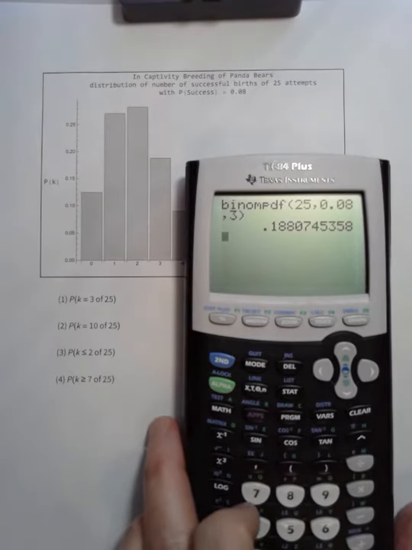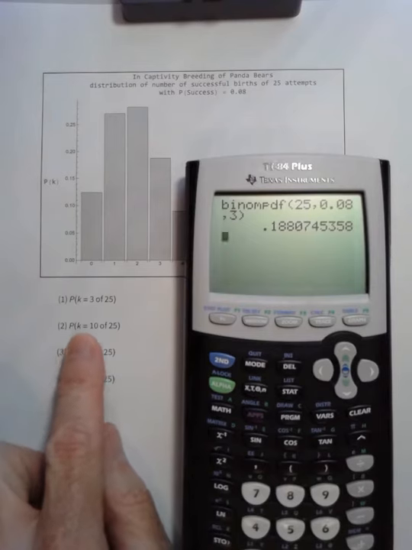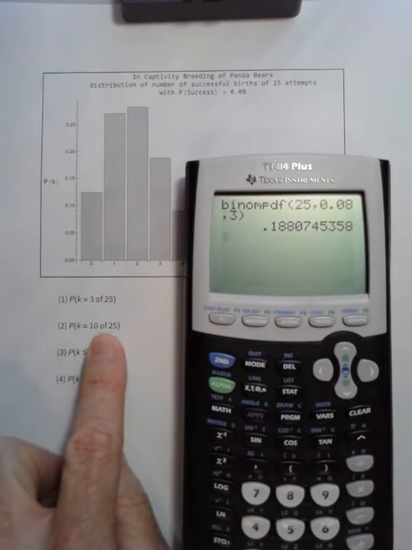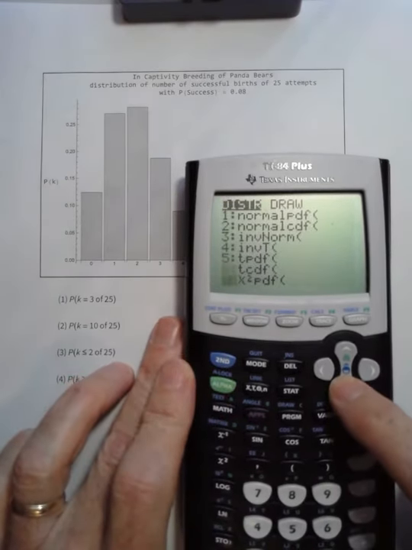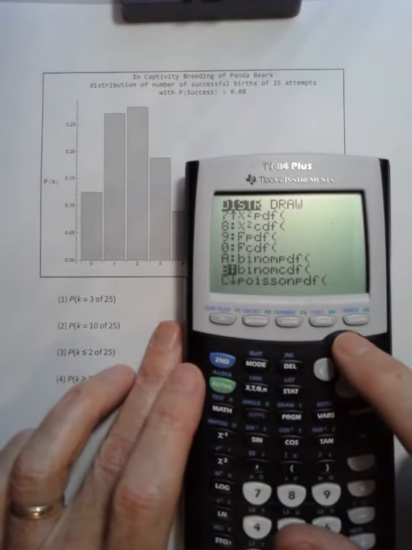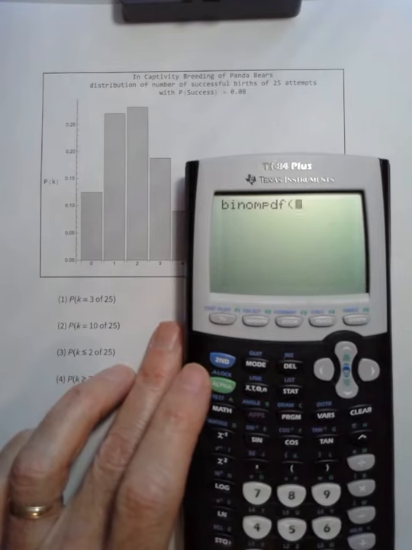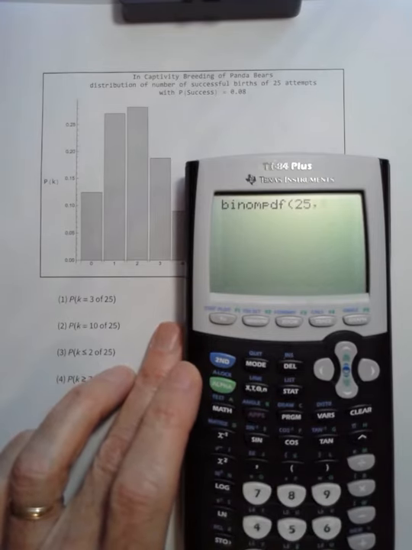We can similarly compute the probability of getting exactly 10 out of 25 successes the same way. Second distribution, binomial PDF, 25, comma, the probability of success each time, 0.08, and now 10. And notice this will be a much smaller number.